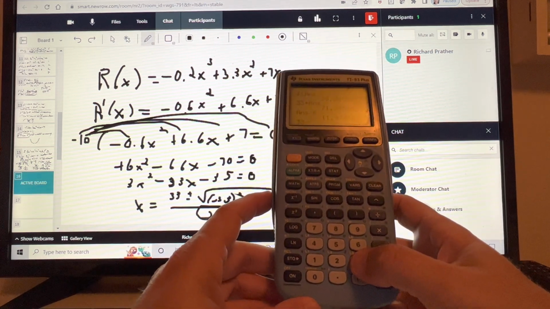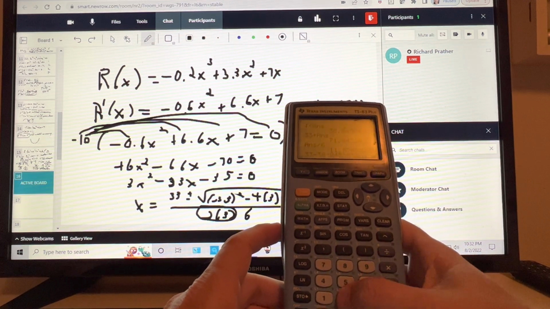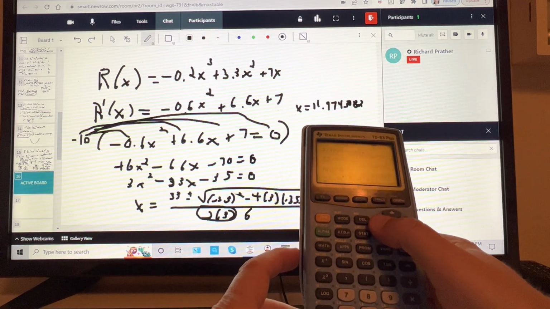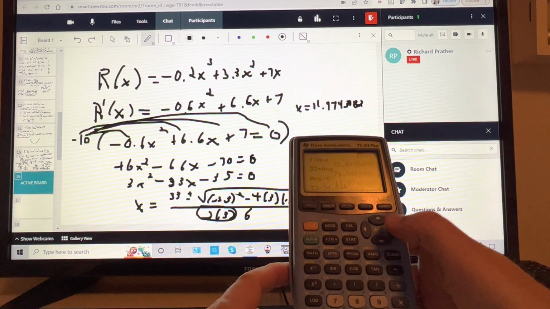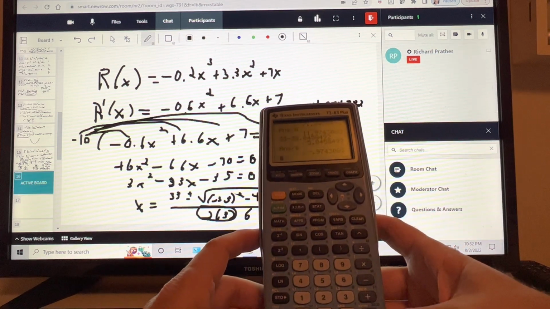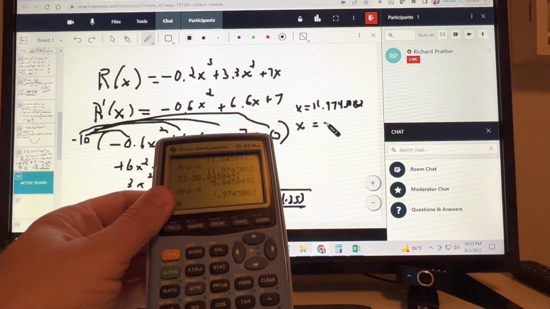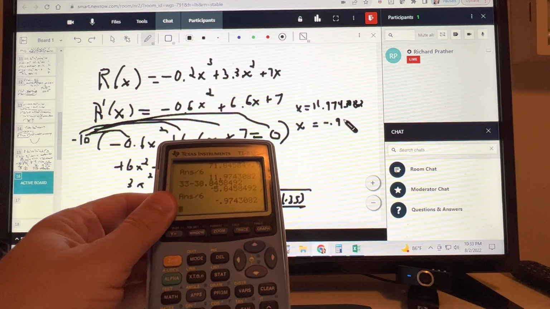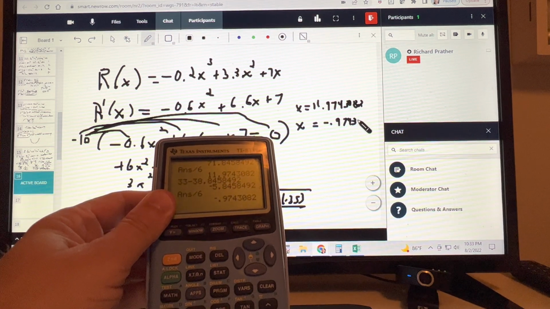So then if I do 33 minus 38.845892, oops, and then divided by 6. The other one is negative 0.97438082.